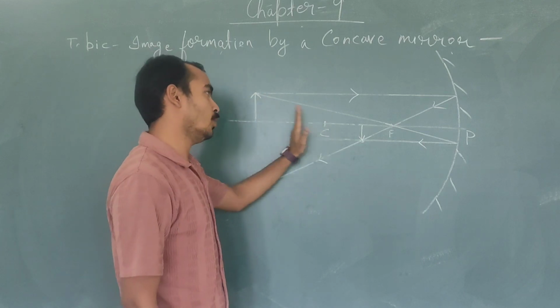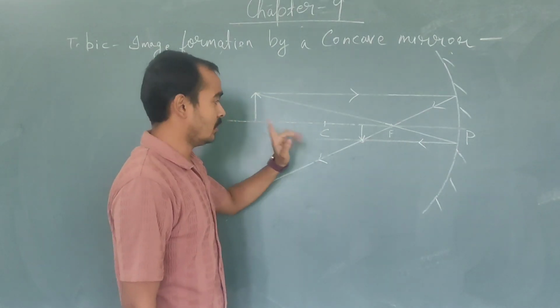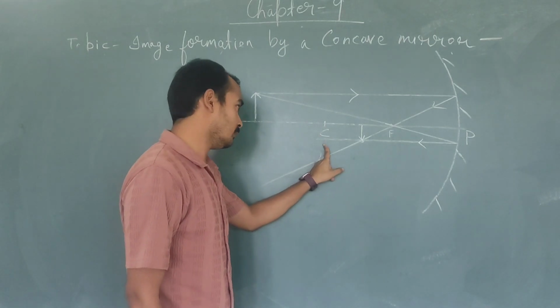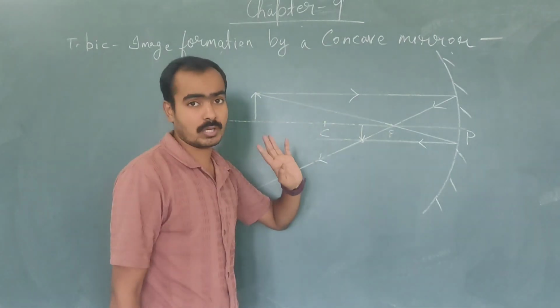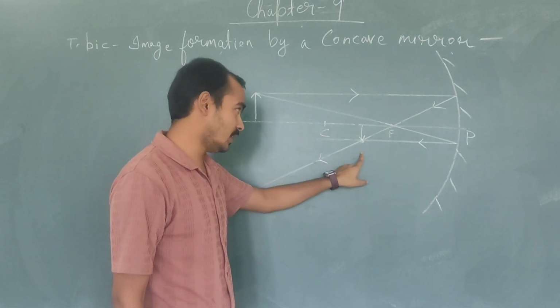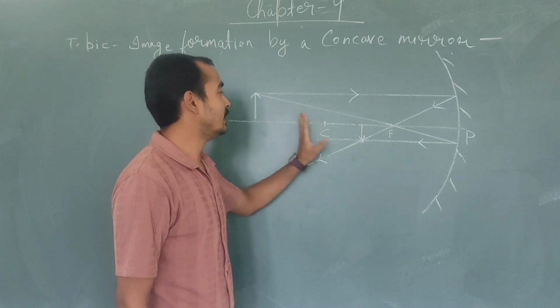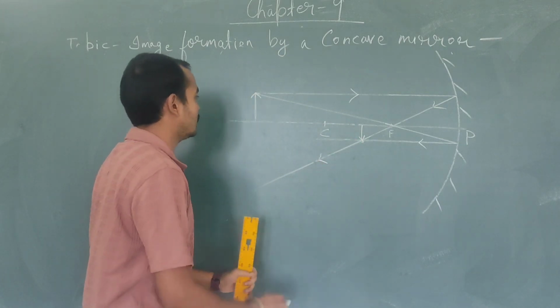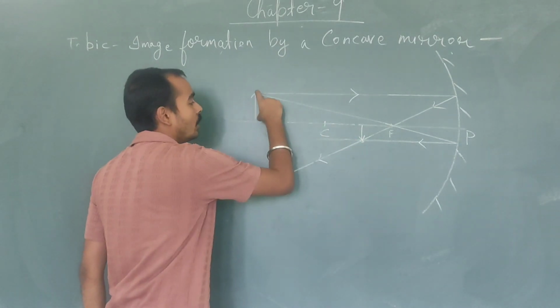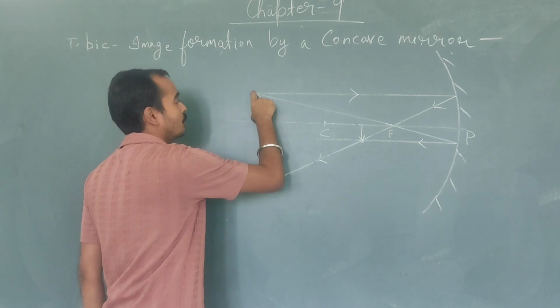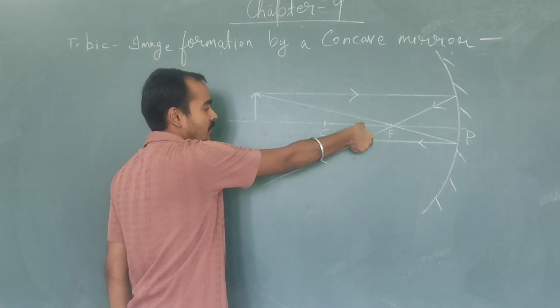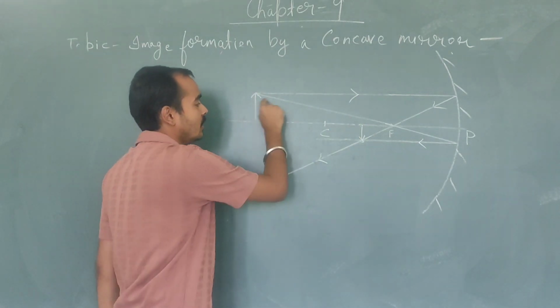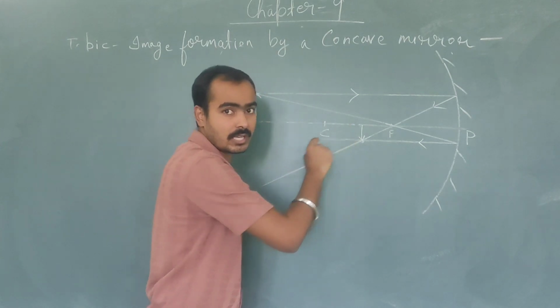So the object when placed beyond the center of curvature, the image is formed between center of curvature and focus. It is real and inverted, and it is diminished in size, means its size is smaller than the object. The size of the object is this much and the size of the image is this much, means the image is smaller in size.